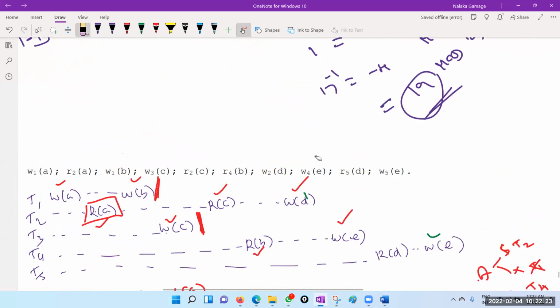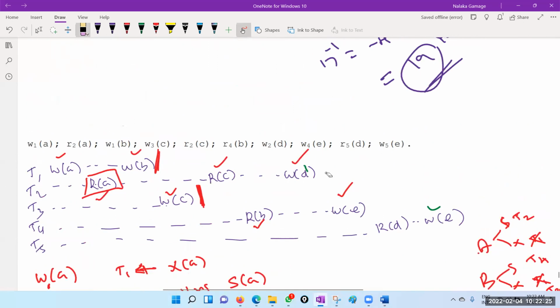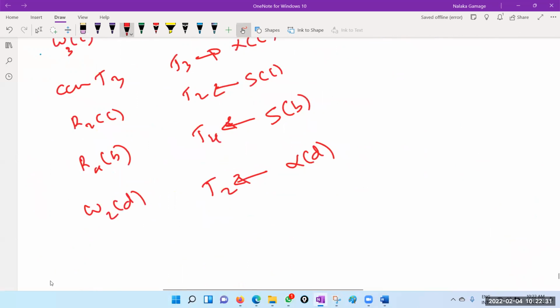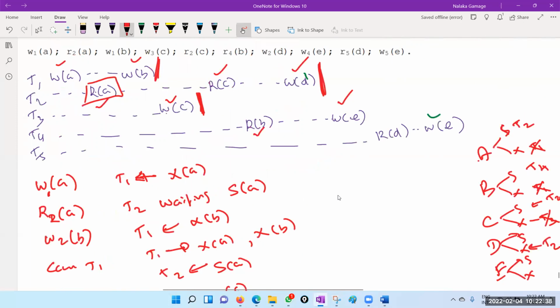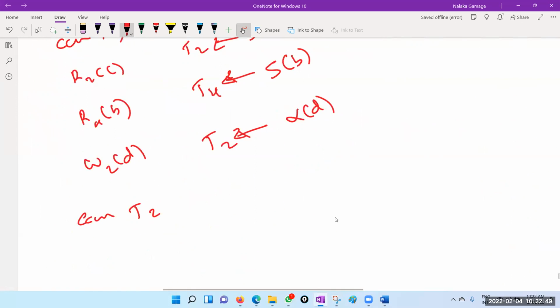So we can commit transaction 2 now. Commit transaction 2. So now any locks held by transaction 2, we can release. Transaction 2 is keeping shared D, so transaction 2 releases shared D. What else?